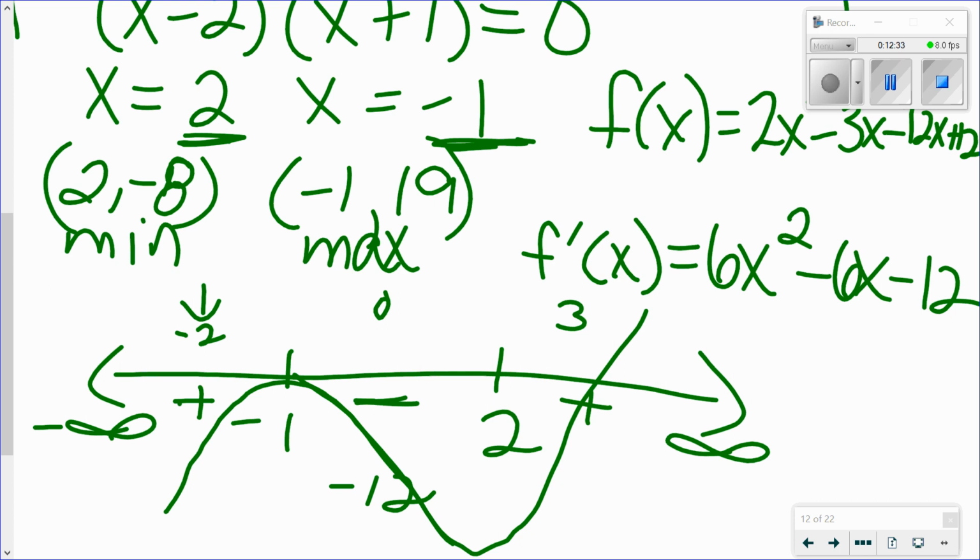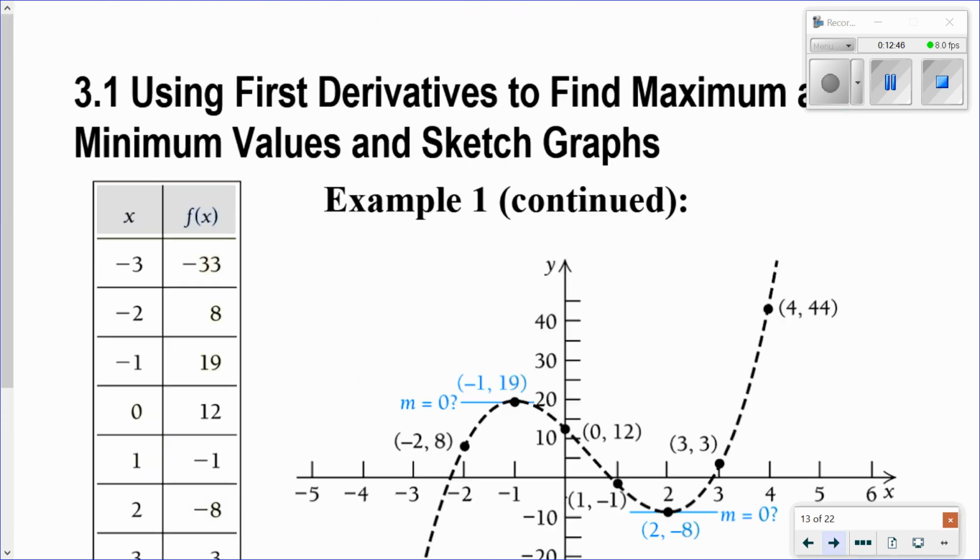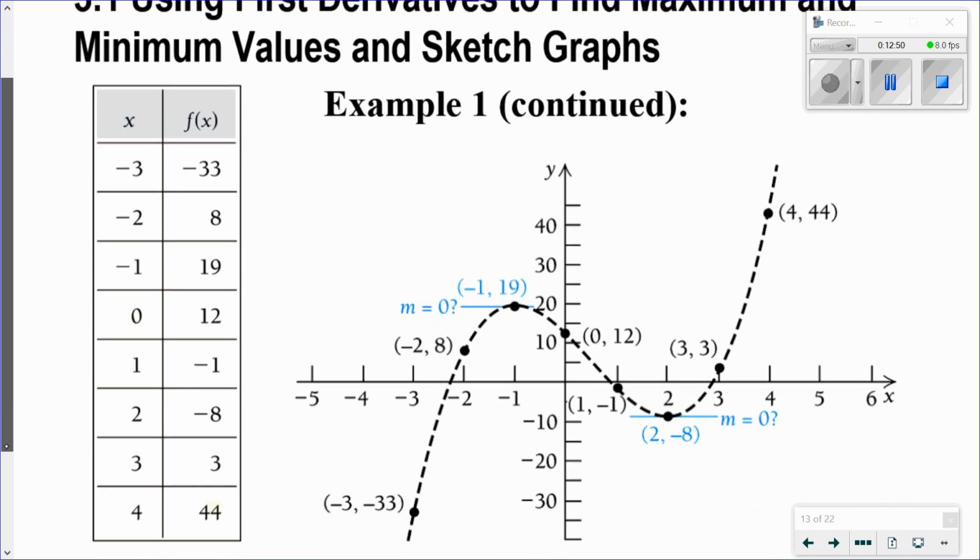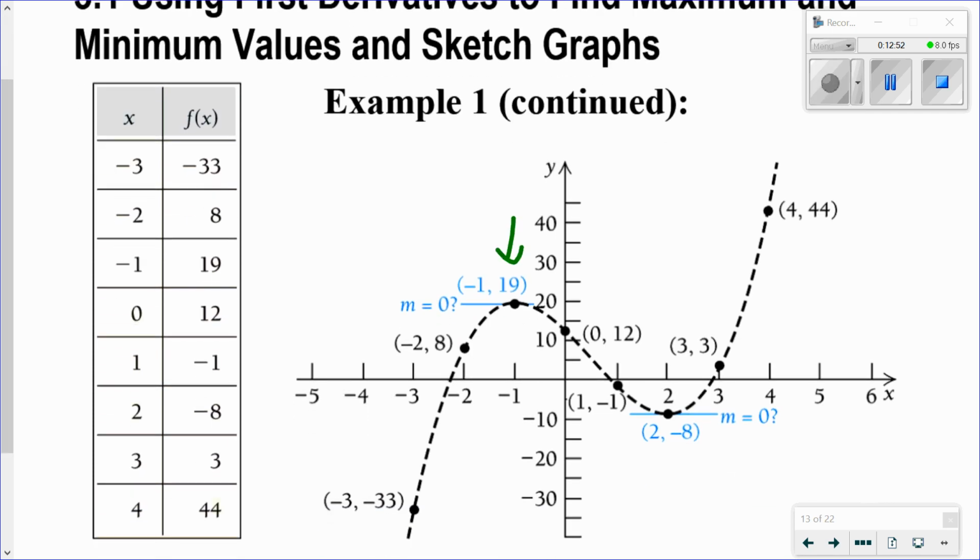You might not have liked that part, but that gives us a good visual that this is a max and this is a min. So when it's decreasing, I draw that downward slope. When it's increasing, draw the upward slope. And on the graph, we can see that that point was a maximum and this point was a minimum.